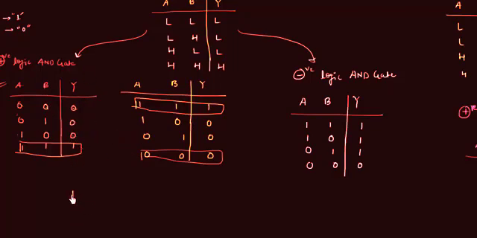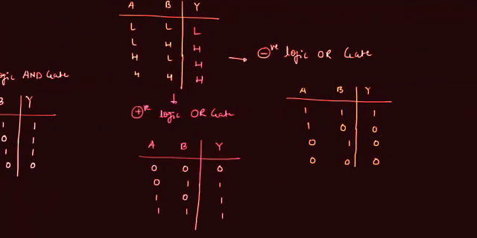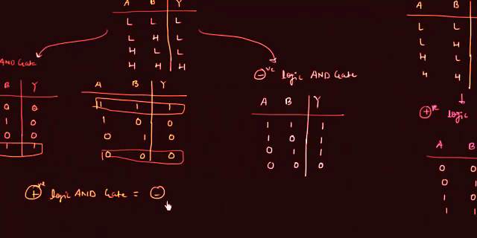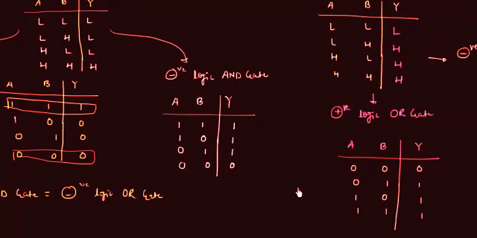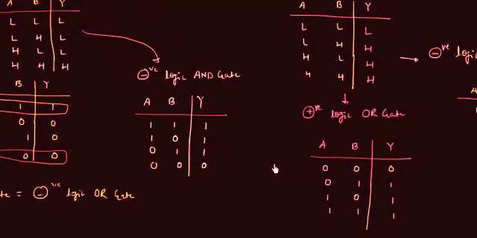So these 2 tables are same. So I can say that positive logic AND gate is equal to negative logic OR gate. In the same way, if I compare negative logic AND gate with the positive logic OR gate, I will find they are also same.